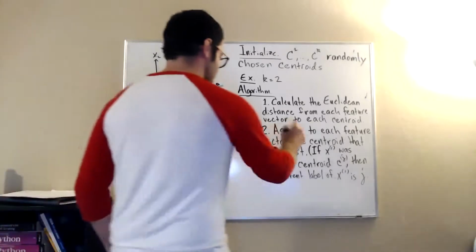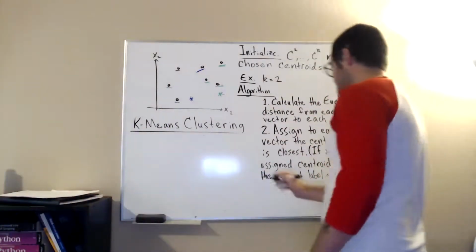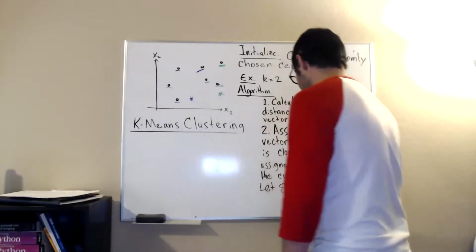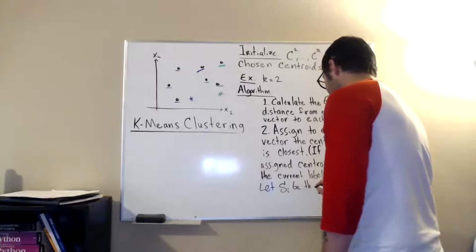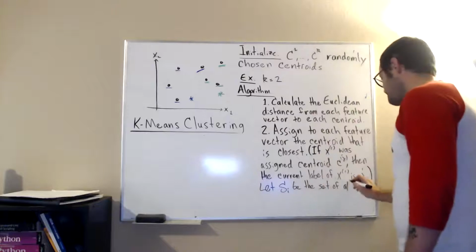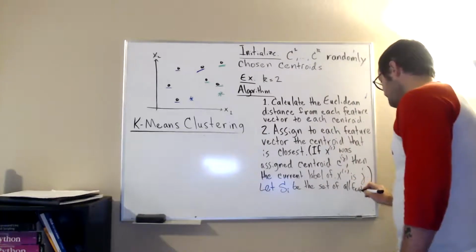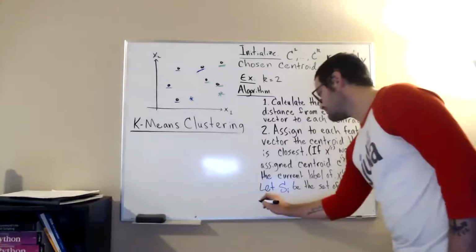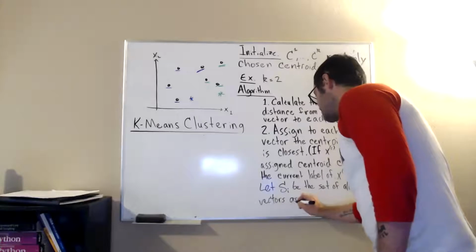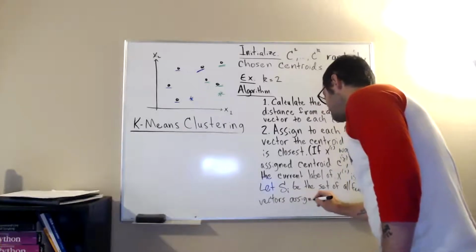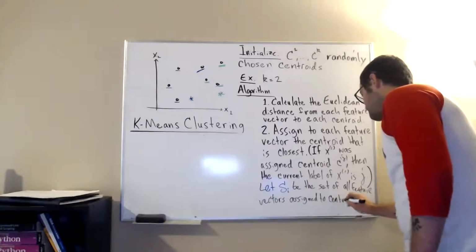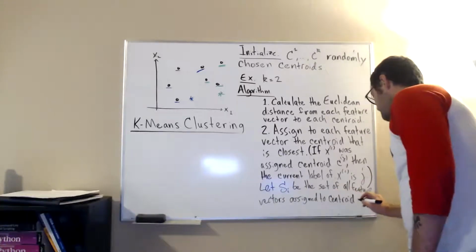So we're going to say let Si be the set of all feature vectors assigned to centroid Ci.